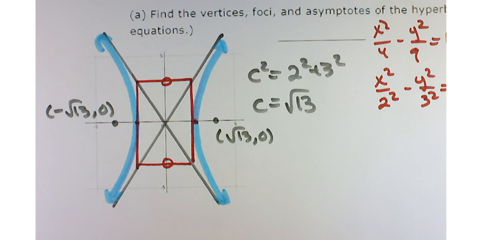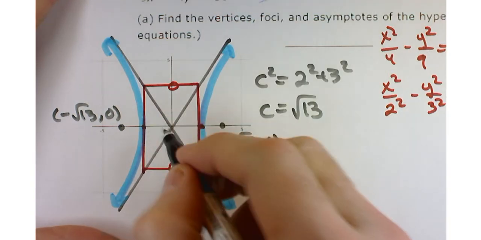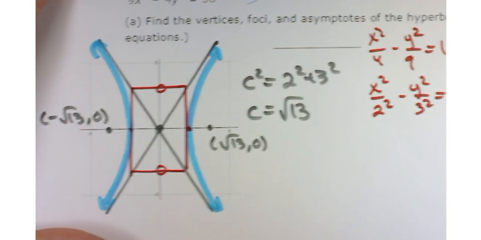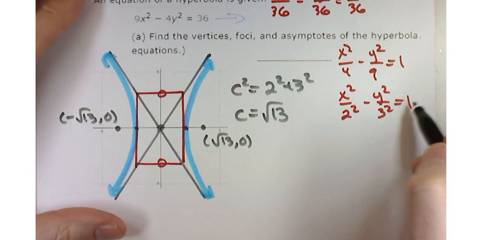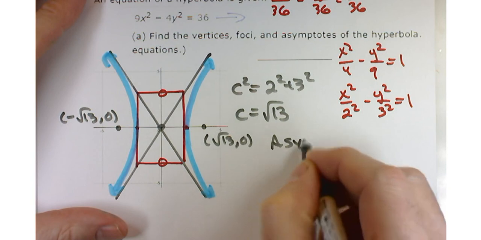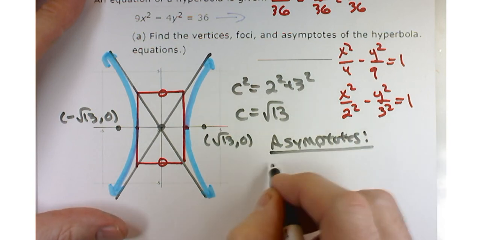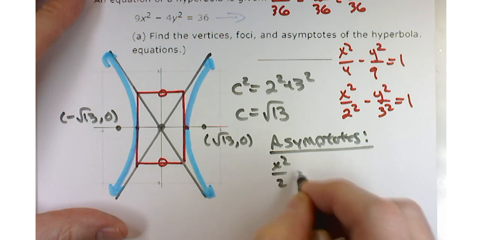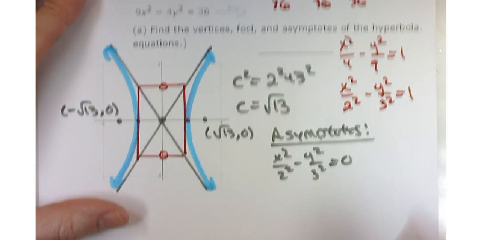Let's see if we can find the equation of the asymptotes that run through our center here as one last little step. Now the trick in that was to rewrite this with a 0. So let's see if we can find the asymptotes. All right, x squared over 2 squared minus y squared over 3 squared equals 0.